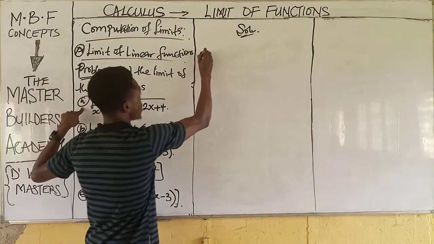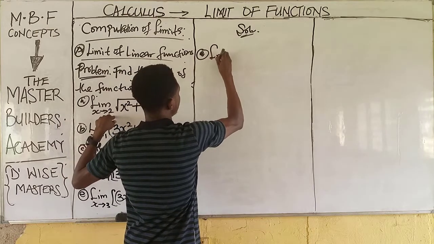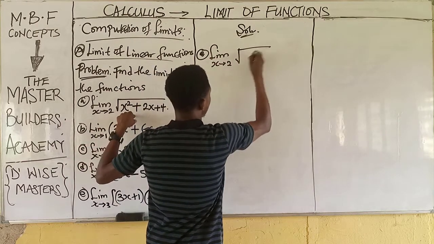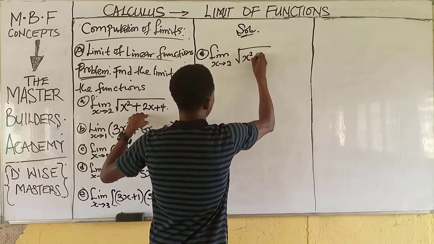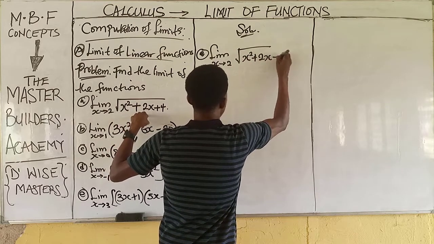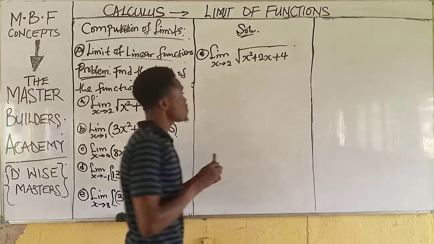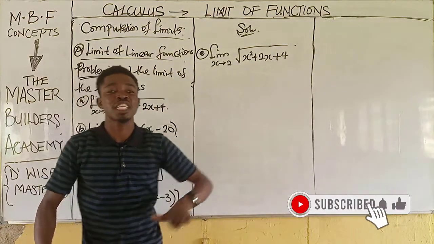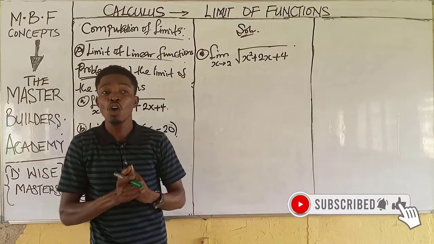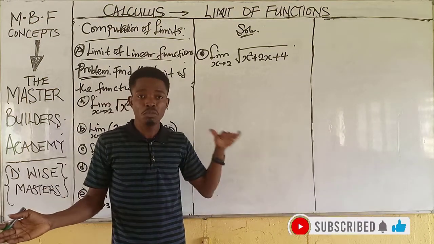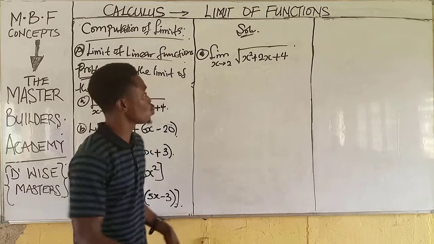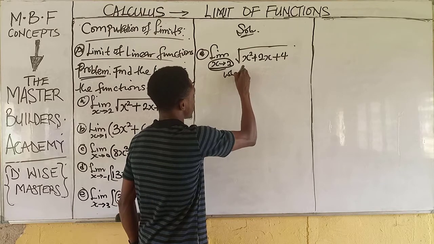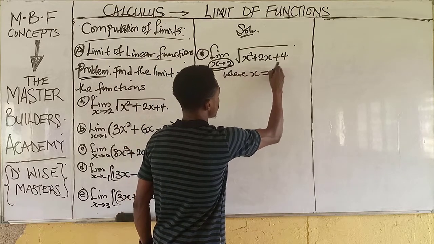We have a. The limit of x tends to 2 of the root of x squared plus 2x plus 4. So first is to identify, when I look at this function, I find out that this is just a straight line function. No numerator, no denominator. All I need to do is to impute the value of x. We are given that x is equal to 2.